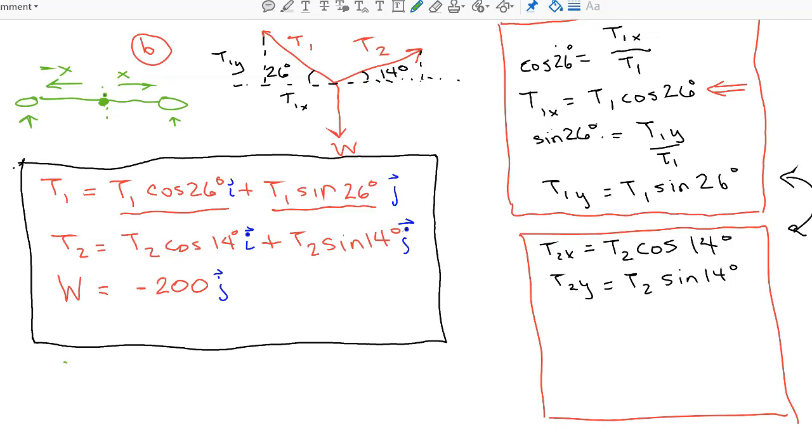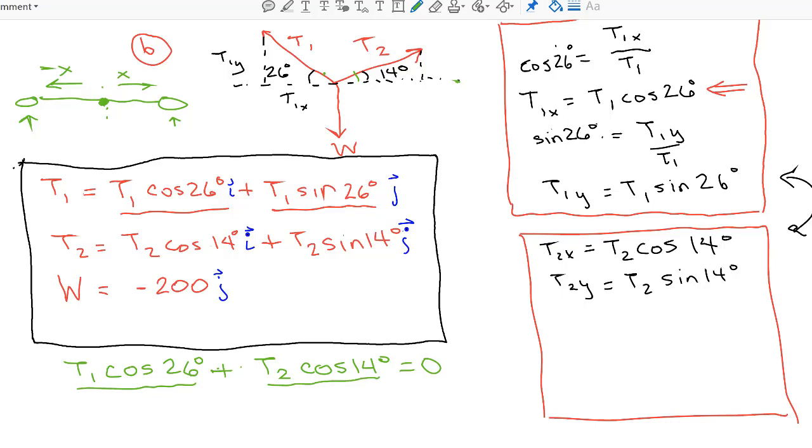I can say T1 times the cosine of 26 degrees. We don't even need to put the I in. We know it's in the x direction, so we're just going to set them equal to each other. So T1 cosine of 26 plus T2 cosine of 14 degrees has got to equal 0. This number right here is going to be negative, and this number right here is going to be positive.